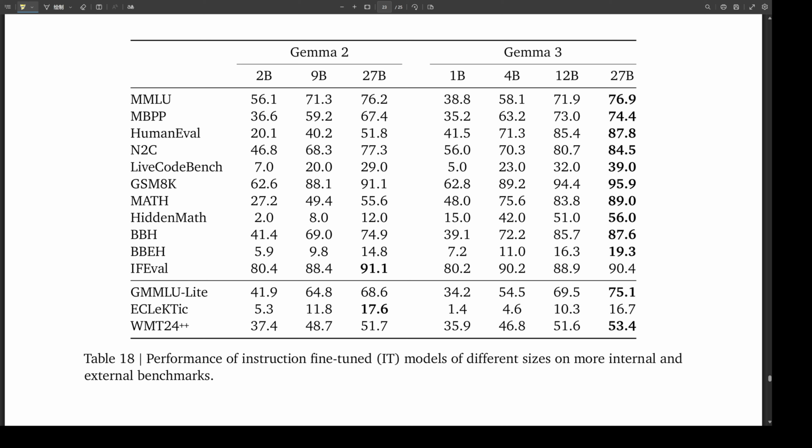Well, the evaluation highlights are pretty impressive, academically speaking. The Gemma 3 27B instruction-tuned model actually performed really well in the LMSYS Chatbot Arena, even when you compare it to much larger proprietary models. So it can hold its own against the big guys. Yeah, which suggests that their architectural and training innovations really paid off in terms of real-world conversational ability.